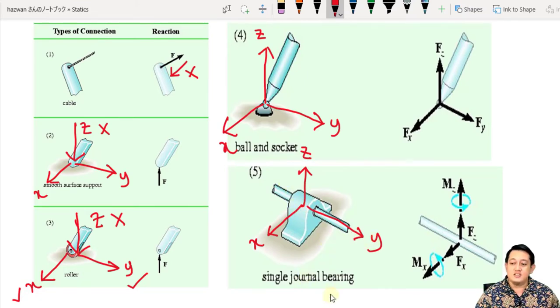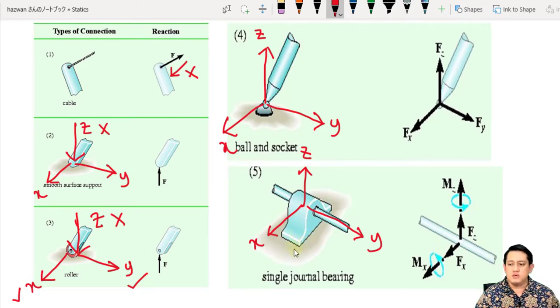This is a single journal bearing, so it can move freely in the Y direction. Therefore, no reaction force will prevent this rod from moving in the Y direction, which is why we don't have any reaction force in Y.